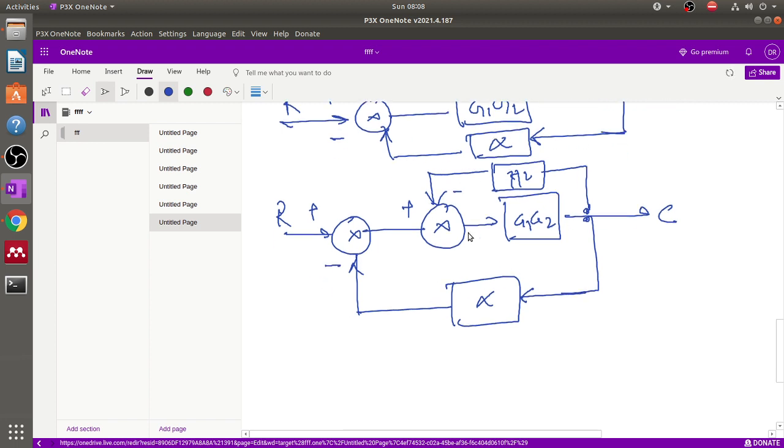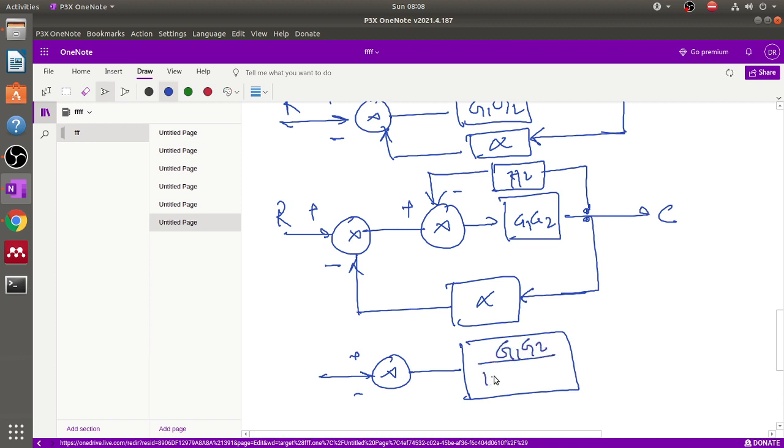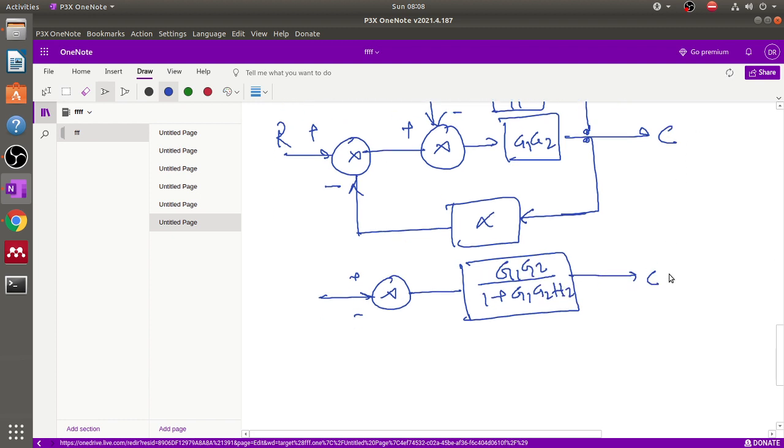Now first we solve this unity feedback. After this unity feedback, G into H. So now what is the main block here? Yes, G(s), right, 1 plus G(s) into H(s), yes, right. Now this is feedback alpha.